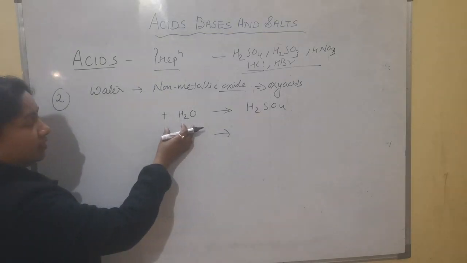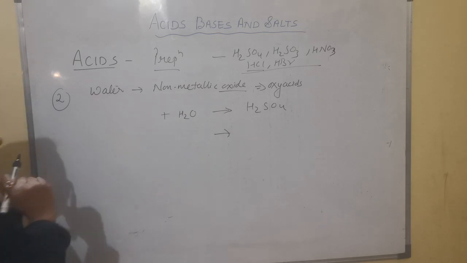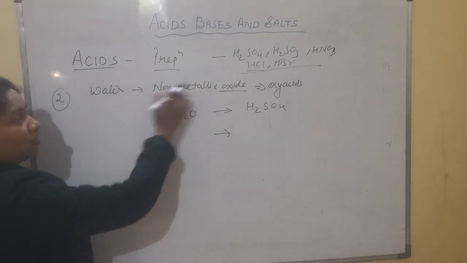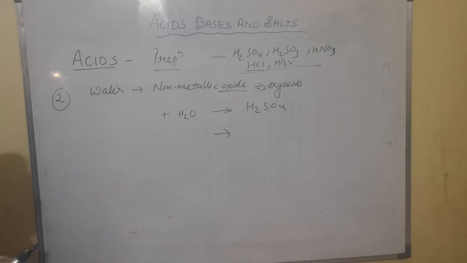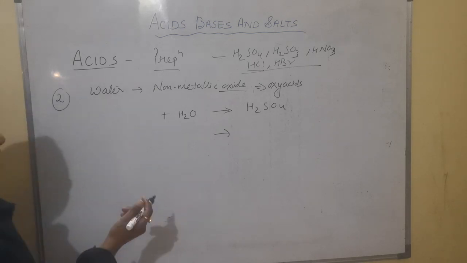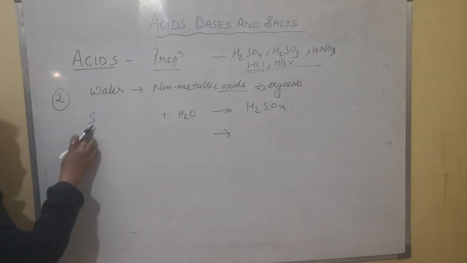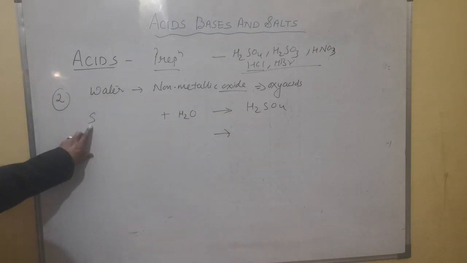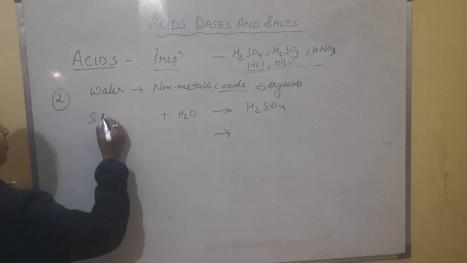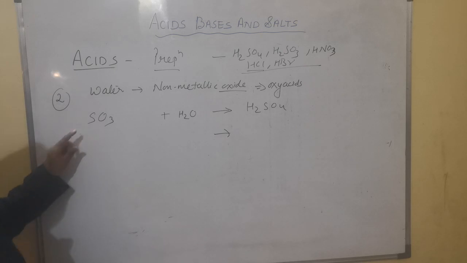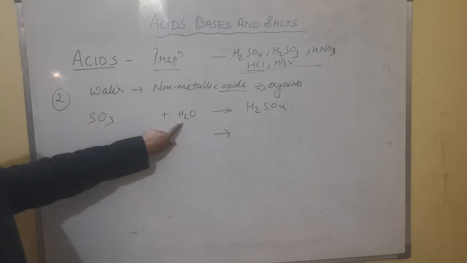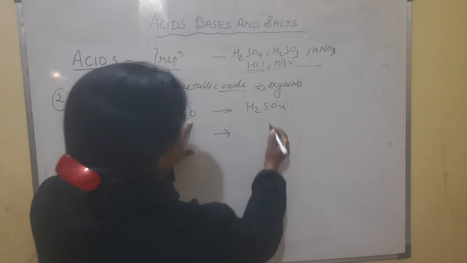So on the reactant side, take water, and what else could you take? You could take non-metallic oxides, means non-metals along with oxygen. So take a non-metal here, sulfate group is there, so definitely we want sulfur in the reactant side also. So take sulfur and make its oxide.